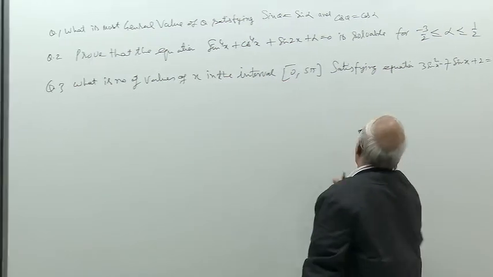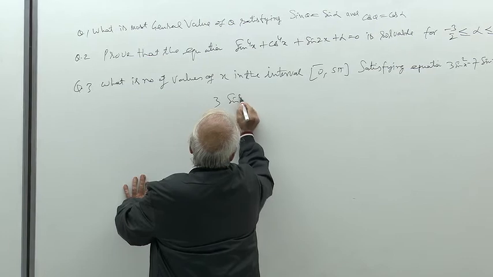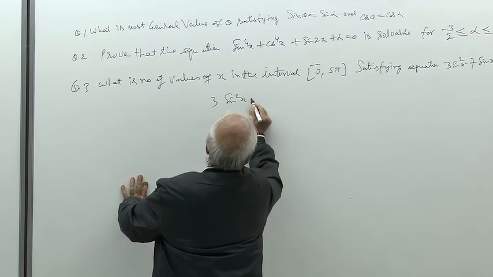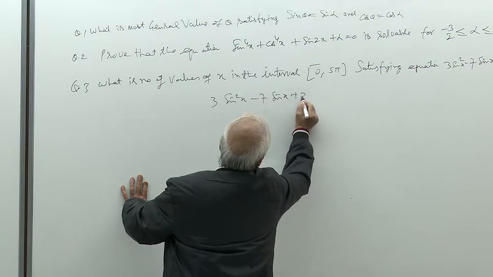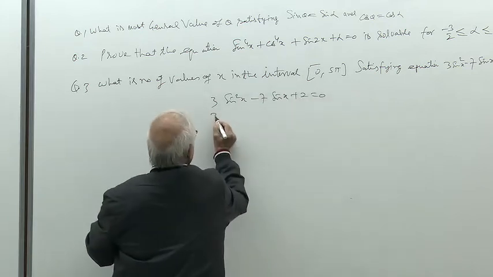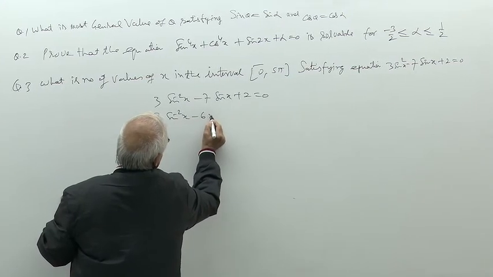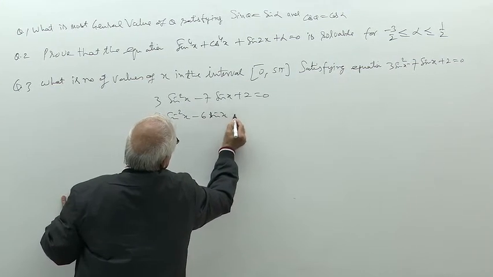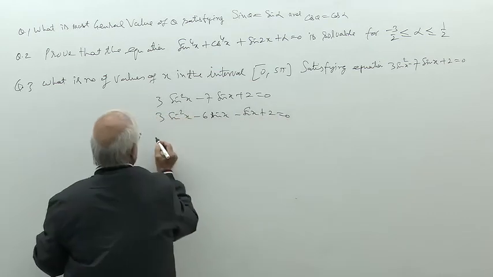Now we solve this equation, 3 sin square x minus 7 sin x plus 2 equal to 0. We know the factors: 3 sin square x minus 6 sin x minus sin x plus 2 equal to 0.